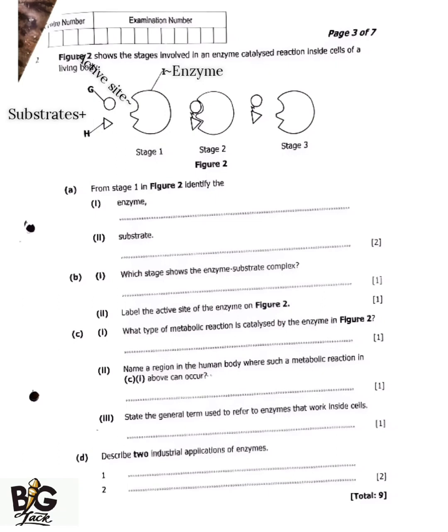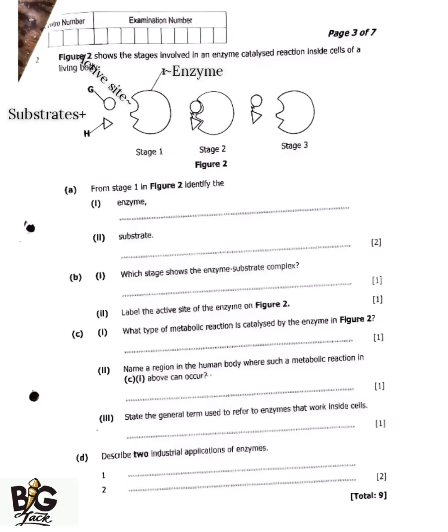As you can see, on stage 1, I is an enzyme, and G and H are reactants. On stage 2, we can see that G and H bind on the active site, forming an enzyme substrate complex.